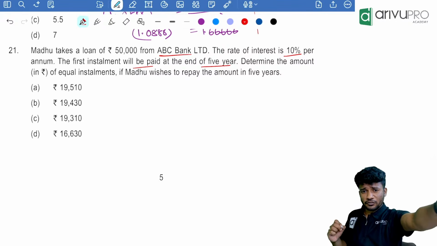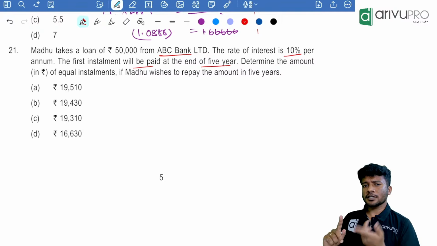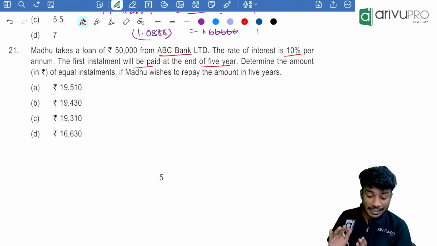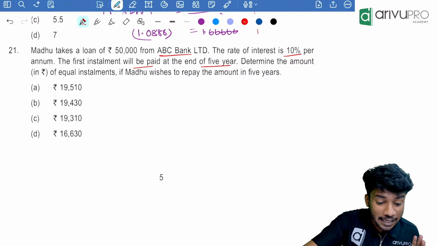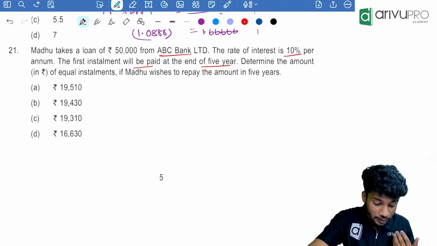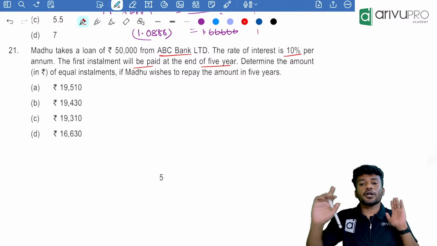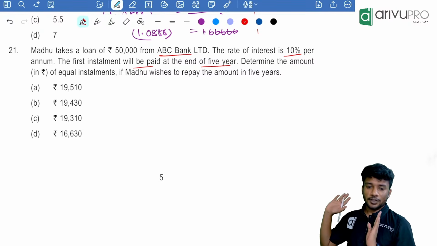I am taking a 50,000 loan from the bank. Then what am I going to do? I am not going to pay the interest back in the first year, second year, third year. I'll be paying only by the end of 5 years. That is the case with respect to Madhu over here. I hope that everyone understood what happened with respect to Madhu. I'm only going to pay after the 5th year.